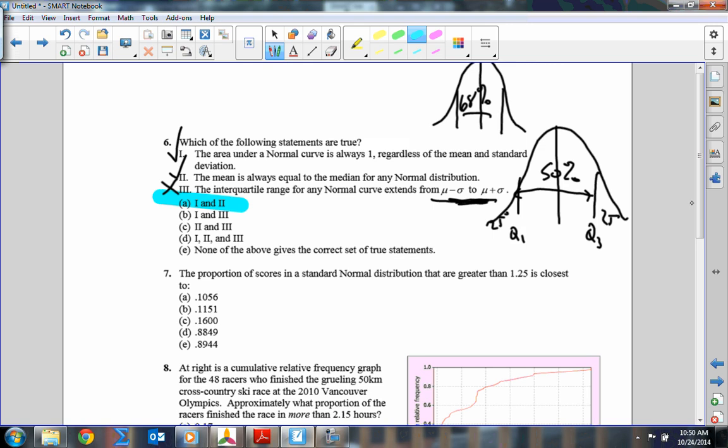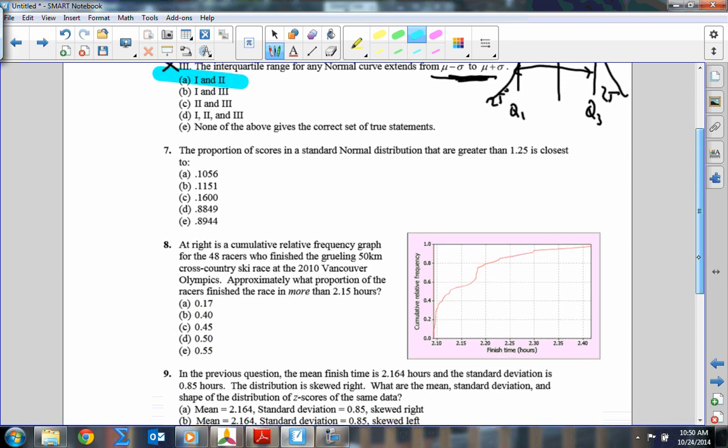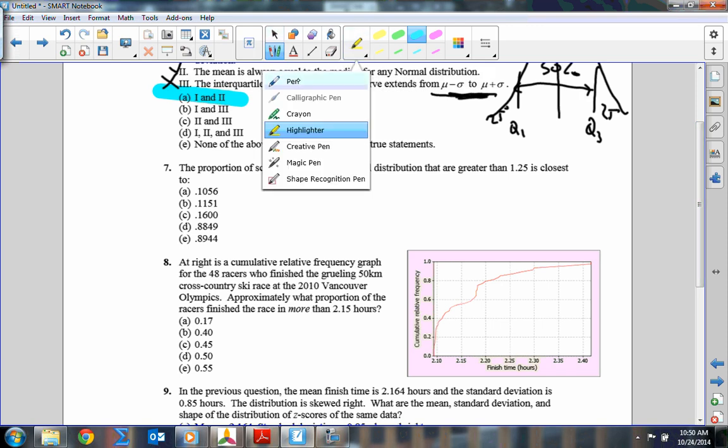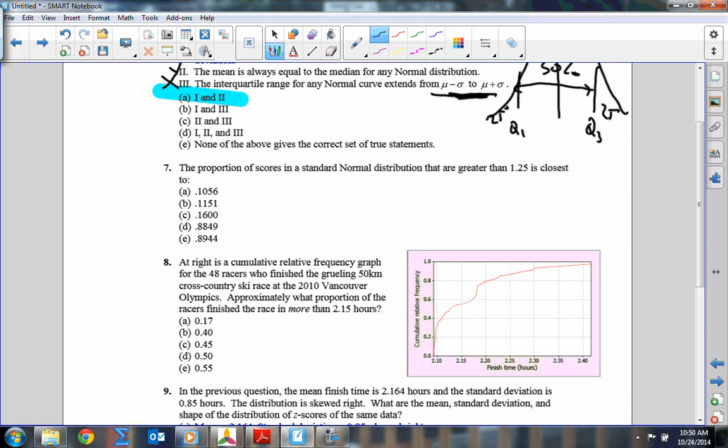All right, number 7. The proportion of scores in the standard normal distribution that are greater than 1.25 is closest to. Always sketching my curve. It says the proportion of scores greater than 1.25. So this is going to be my Z here, and I'm looking for this area. Table A always gives me values to the left.